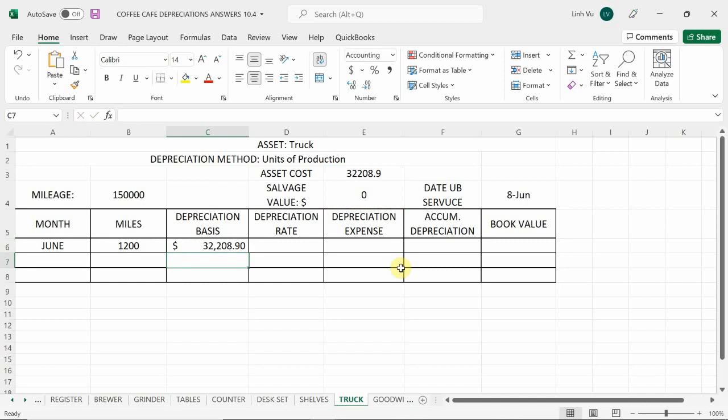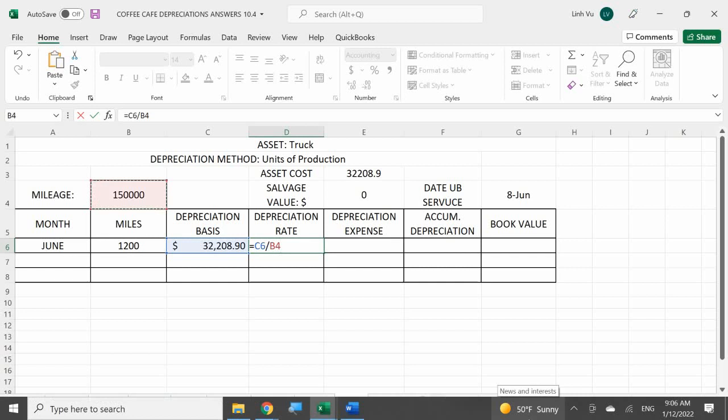Good. Now in this case, I need to solve for my per unit rate. How do I solve for my per unit rate? Would it be the basis divided by the 1,200? Not the 1,200. Oh, the 150,000.